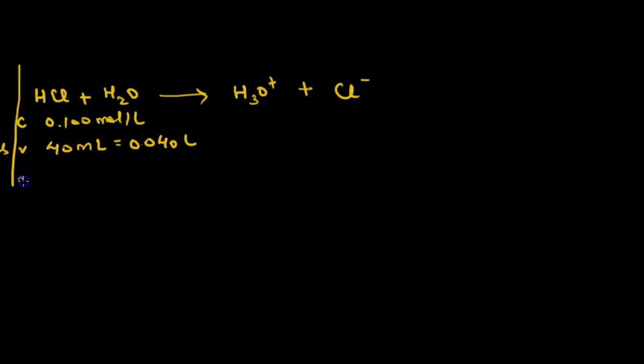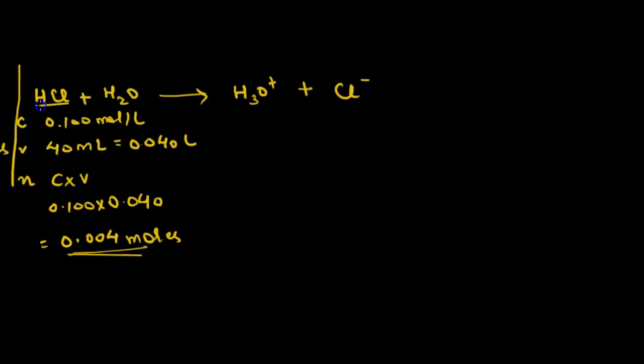We use concentration and volume to get the number of moles of HCl present initially, and that would be equal to C times V, which is 0.100 times 0.040, and this would give us 0.004 moles. Hence, we can say initially, if HCl completely breaks to give us H3O positive ion, we would get 0.004 moles of H3O positive ions in the titration flask prior to adding any NaOH to it.